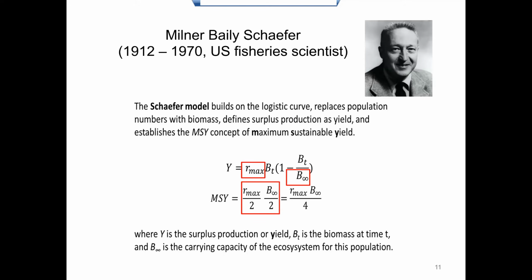And what you get is you can define a maximum sustainable yield from that, which is reached at half the unexploited biomass. And in fact, if you know the intrinsic growth rate of population, the carrying capacity times the growth rate divided by 4 is your maximum sustainable yield.